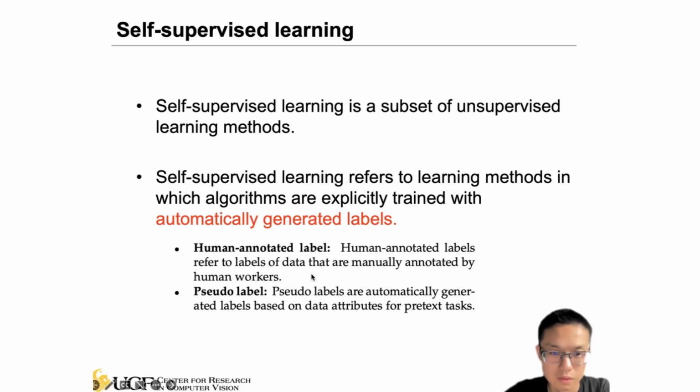And another definition here is the pseudo label, right? The pseudo labels are automatically generated labels based on the data attributes for some of the pretext tasks. So I can give you one example, right? The pseudo label can be, for example, if you rotate an image by a certain degree, like 90 degrees, 180 degrees, right?